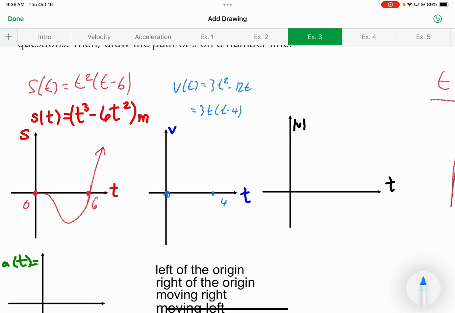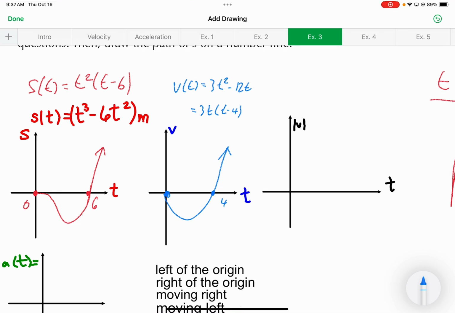My end behavior to the right is the same. To the left it would change, but I don't care about to the left. I just care about to the right. It's still going to go to positive infinity because I have t squared and it's a positive leading coefficient. Which means my graph is going to look something like this. Do we have any sort of change in concavity of that? No. That should be concave up throughout.